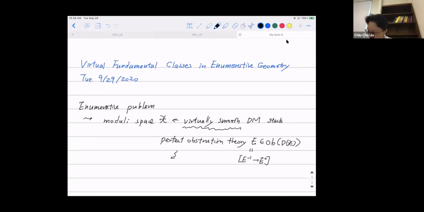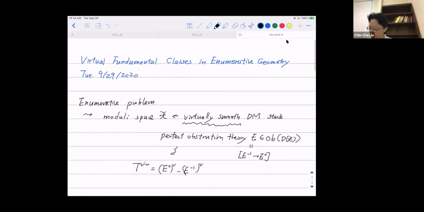It is usually not smooth, so it doesn't have a tangent bundle, but this perfect obstruction theory gives us a virtual tangent bundle, which is locally the difference of two vector bundles. Thinking of it as an element in K-theory, it is a difference of two vector bundles.